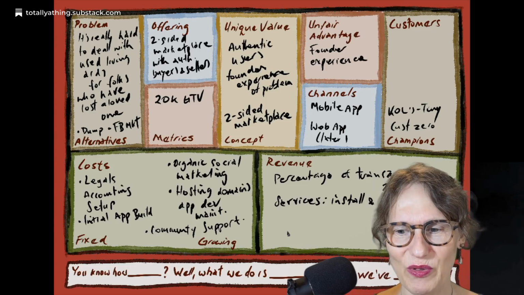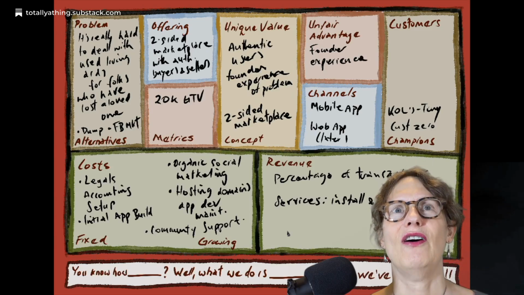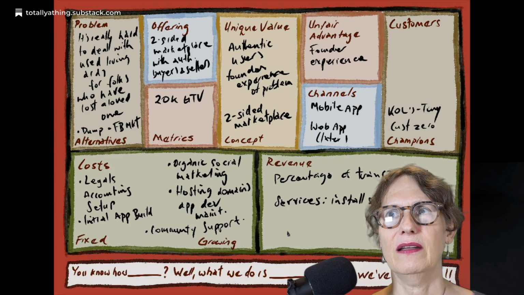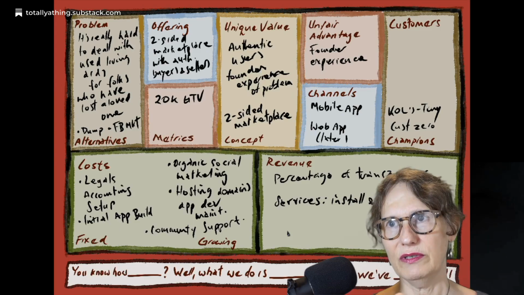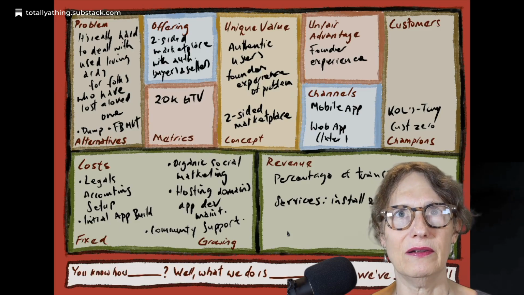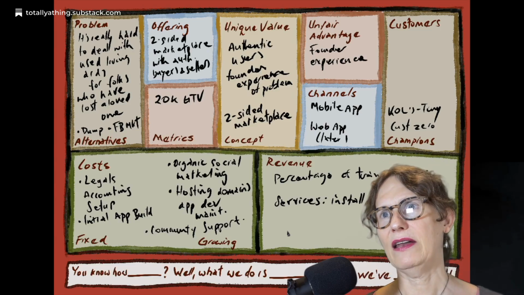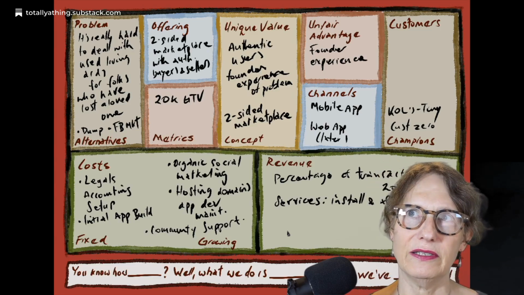Now, the point of all that is it's very easy for us to overlook things that we bring to the table. Something that seems obvious that I or you as a founder might have as a skill, like the ability to manage competing priorities.